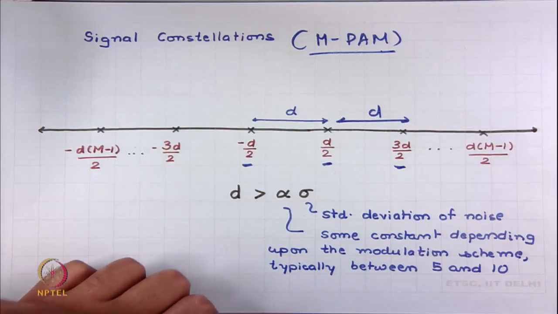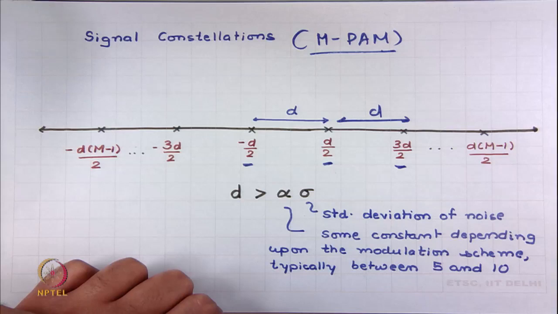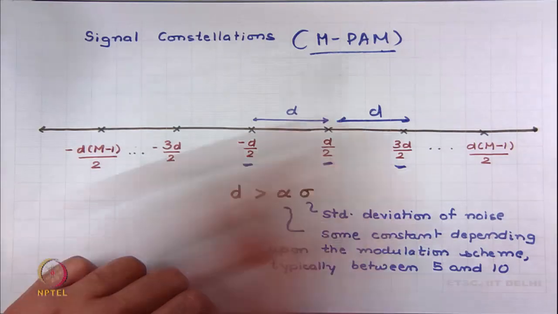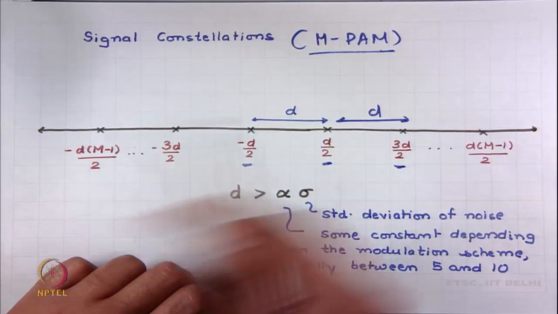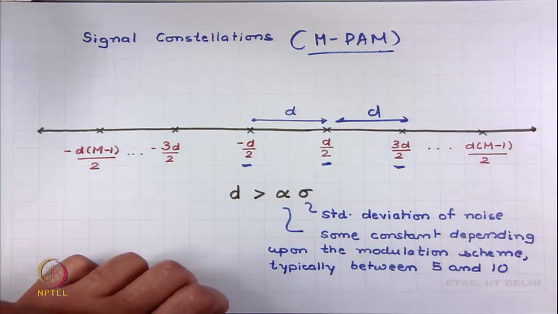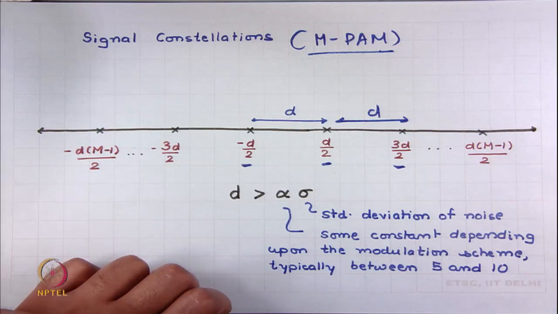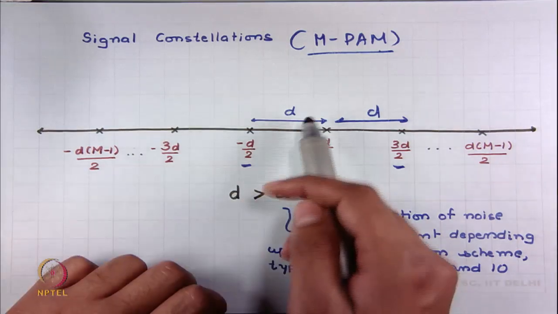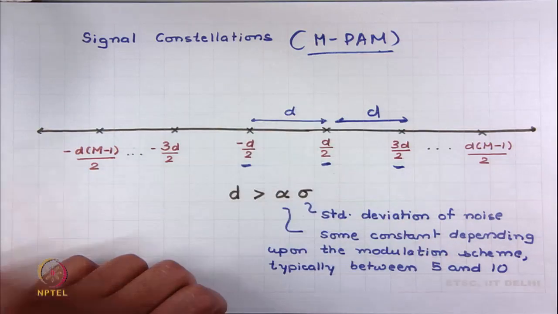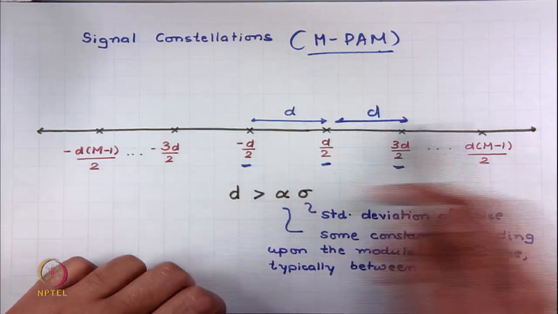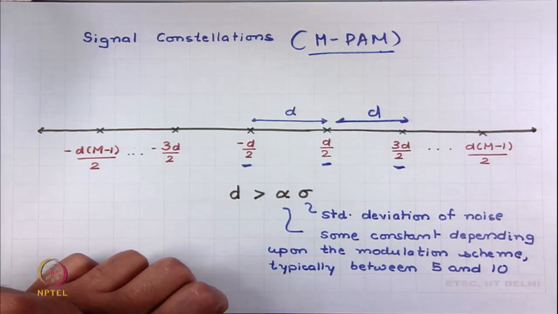and this will become more clear when we discuss detection, that the performance of any modulation scheme depends upon this minimum distance d. Okay. So, to ensure that your modulation scheme achieves a certain error performance, you want to make sure that the symbols are separated by a certain distance d, okay, and this has to be mostly uniform.